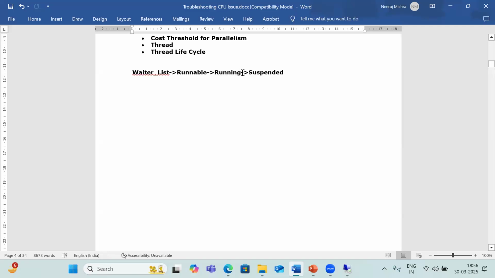So it will run for its 4 milliseconds of time, and then again it will go back to the runnable queue, right?